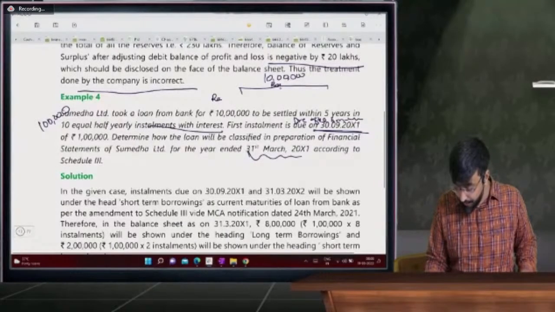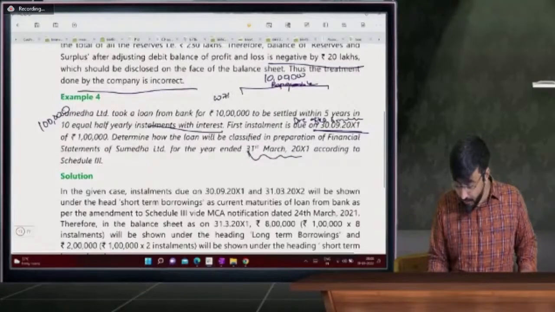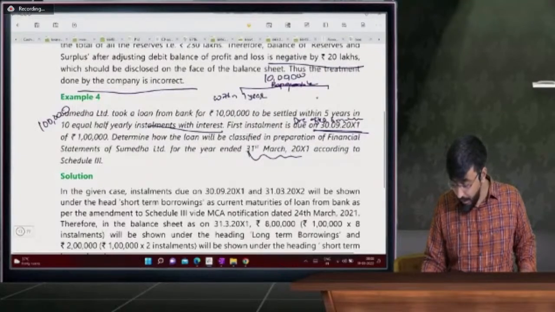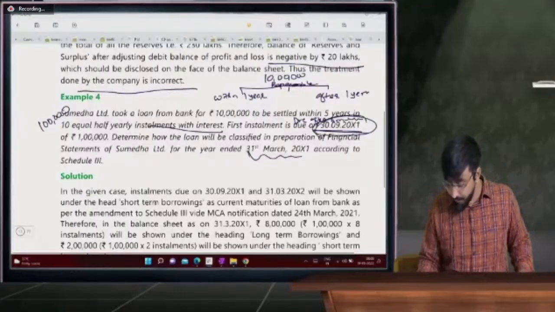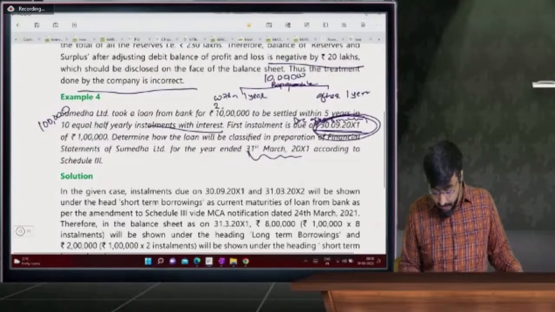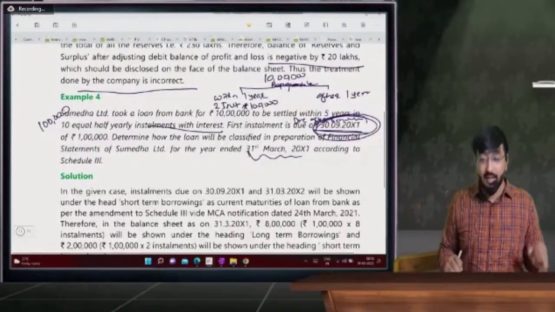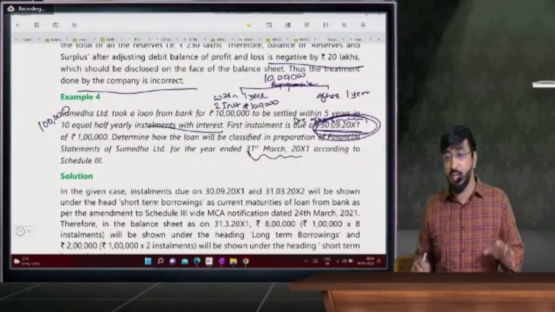Repayable within 1 year, and after 1 year. So repayable within 1 year, 30th September and 31st March, so 2 installments, 2 into 1 lakh. So within 1 year, 2 installments are due, on 30th September and 31st March 2002.